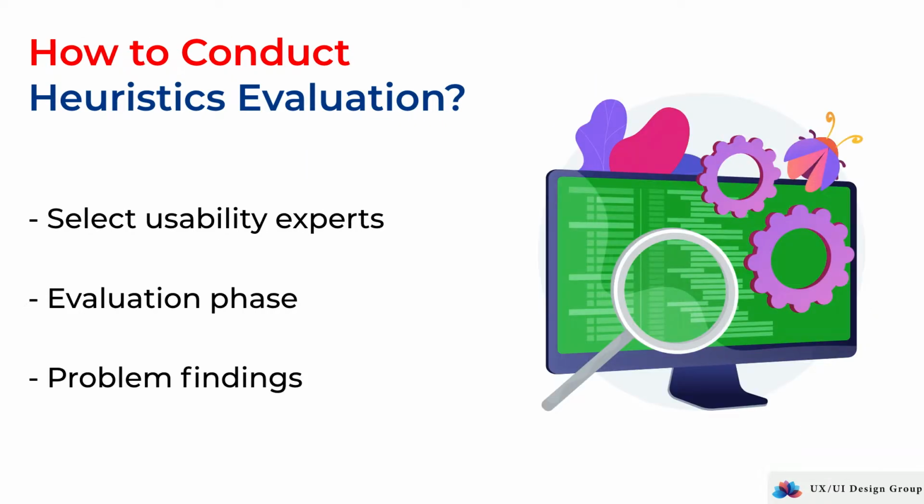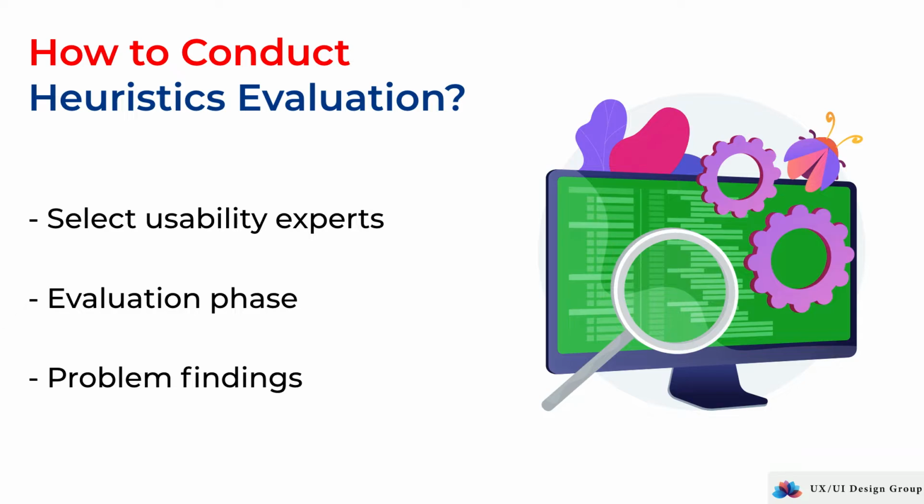So now let's see how to conduct heuristic evaluation. If you are evaluating websites or a mobile app, no matter what digital product you are evaluating, it can be mockups, it can be wireframes, it can be a prototype, it can be an existing UI. The process is the same to conduct heuristic evaluation.